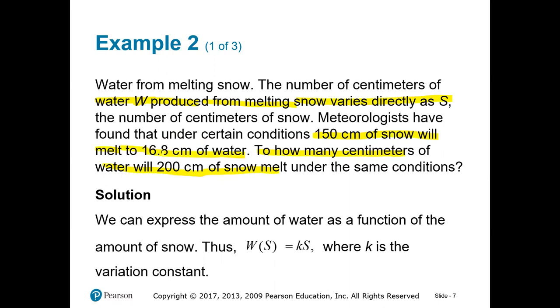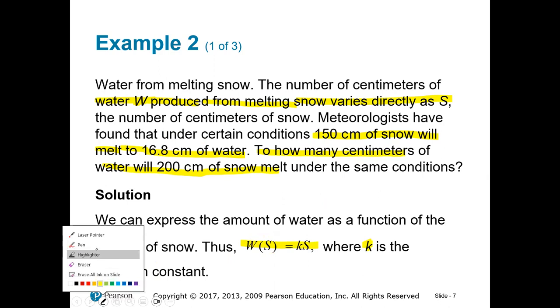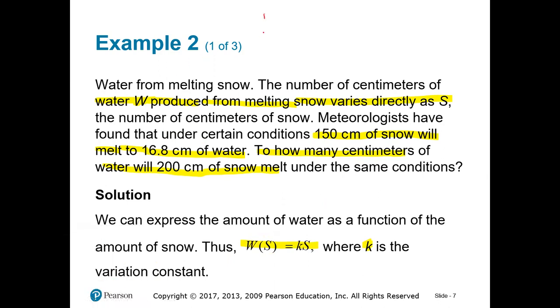These are very important parts to help us solve this. So we want to write our formula out, which they've already given to you here, and we're going to apply the k constant, our variation constant. So I have W of S is equal to k of S.